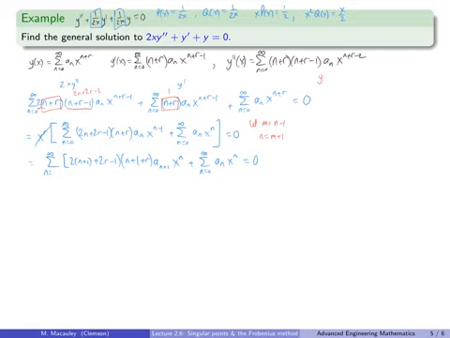If y of x equals a naught plus a1x plus a2x squared plus a3x cubed plus etc. Now if we take a derivative of this, what happens to that first term? It just goes away. So we get a1 plus 2a2x plus 3a3x squared plus etc.